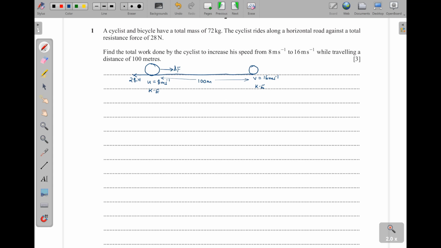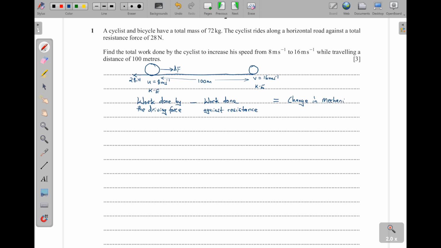Now, we say work done by the driving force, minus work done against resistance, is equal to the change in mechanical energy.